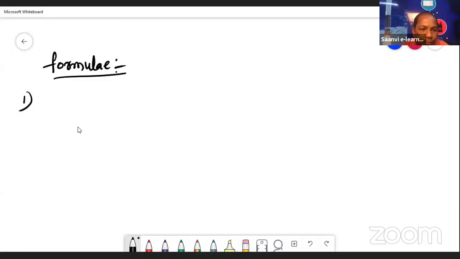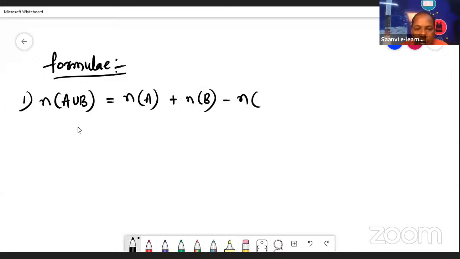First one is n of A union B is equal to n of A plus n of B minus n of A intersection B. This is the first formula.